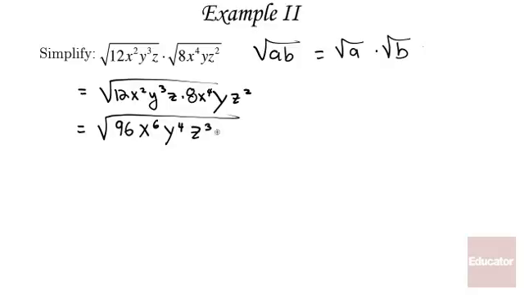Again, I'm using the product rule, and this time I'm splitting it back up once I figure out what my perfect squares are. Well, once you factor out 96, you will end up eventually with 16 times 6, and 16 is a perfect square.